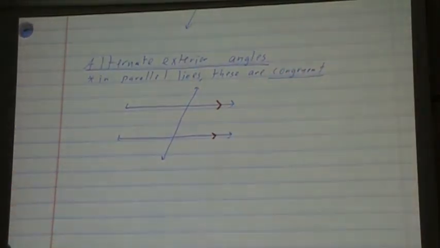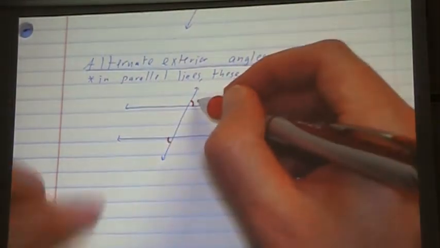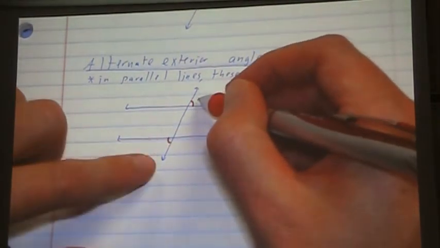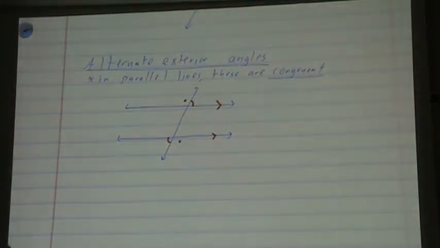And again, very descriptive. Alternate, different sides of the transversal, exterior, outside. So, alternate exteriors would be here, they're outside your parallel lines and on different sides of the transversal, or right here. Again, here too, you can probably guess the relationship. The obtuse angles are going to be congruent and the acute angles are going to be congruent.